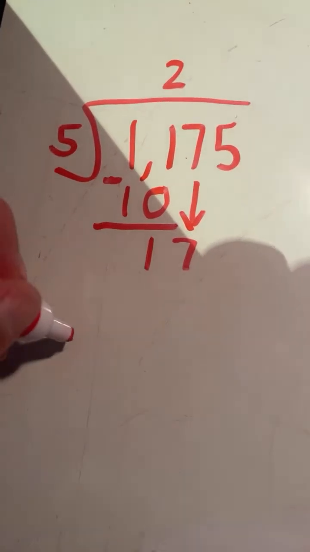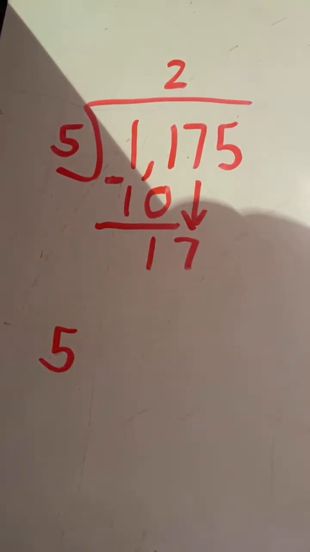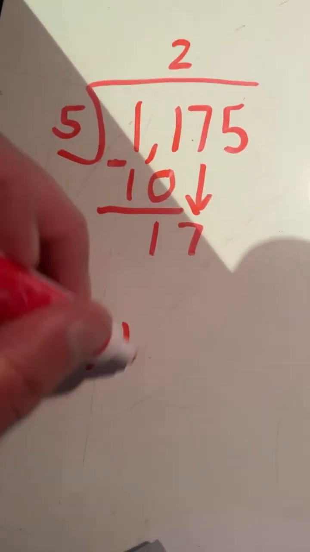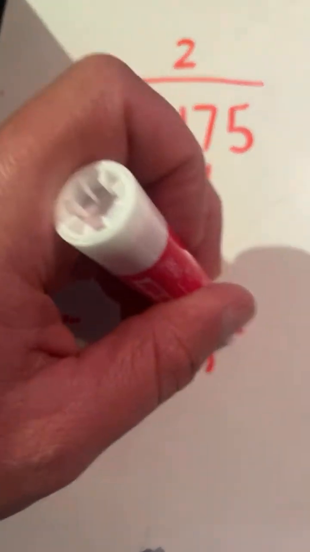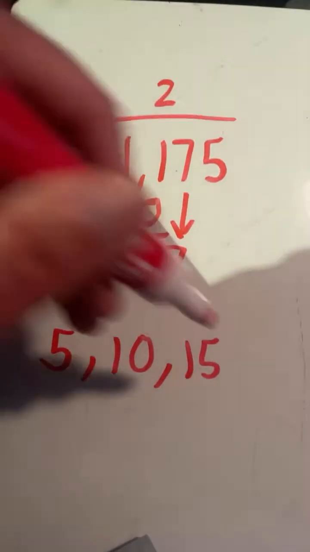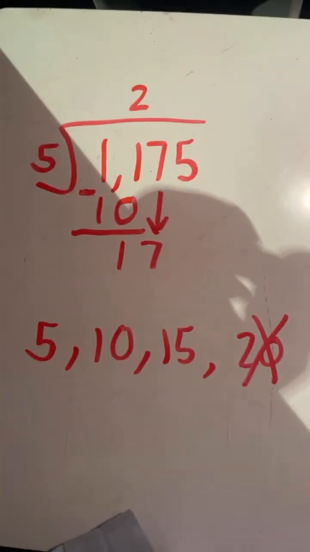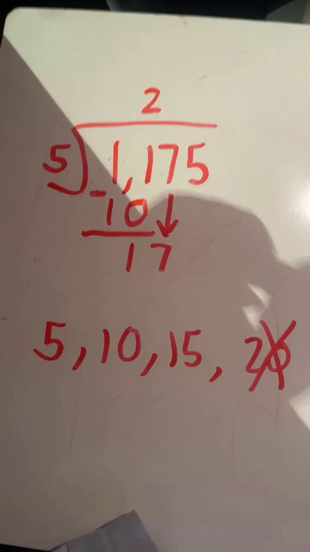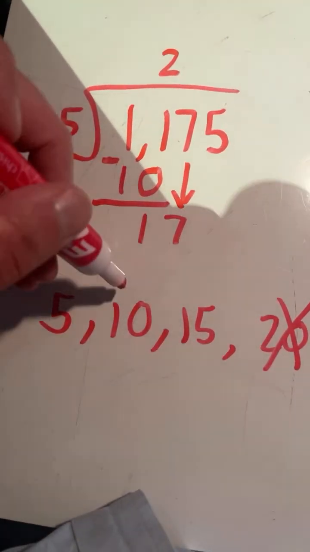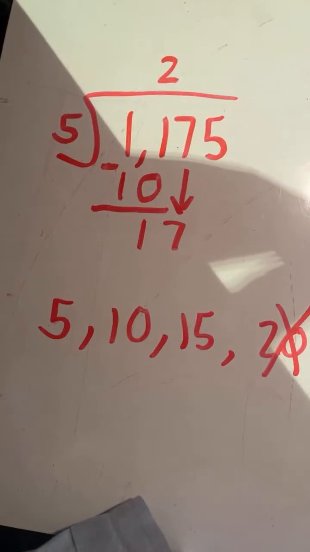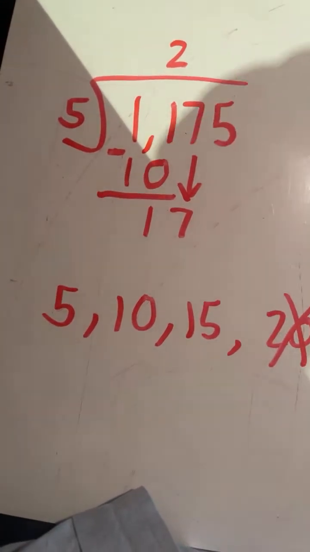So now I'm going to count by 5s again, see how many groups of 5 I can get into 17. 5, that's one group. 10, two groups of 5. 15, three groups of 5. Now if I count by 5 again, I will be at 20, which is too far. So I was able to get 1, 2, 3 groups of 5 within 17.